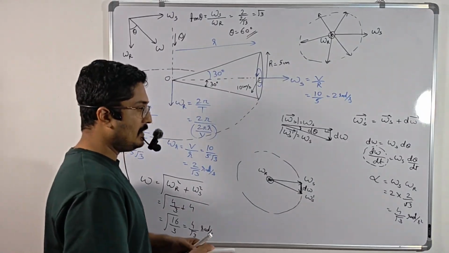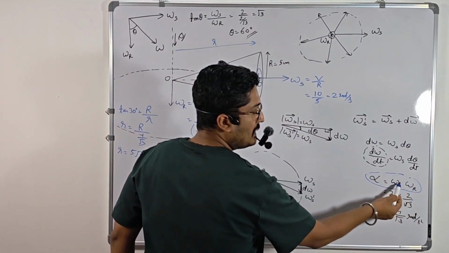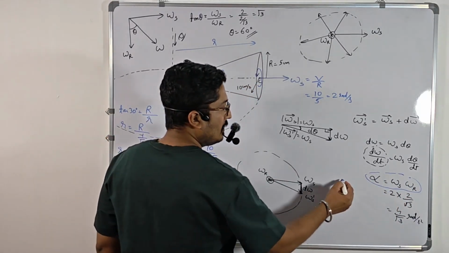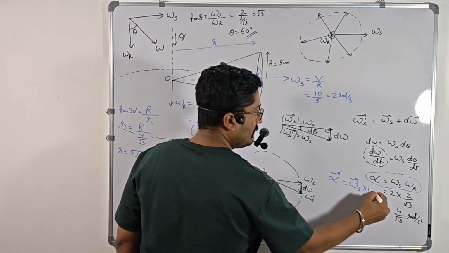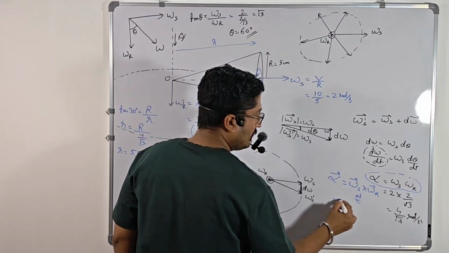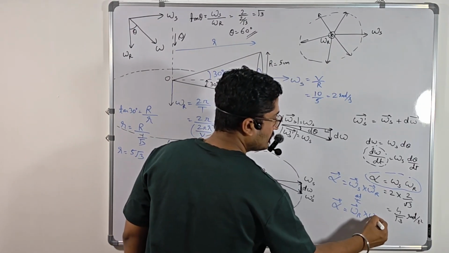Now I want my alpha's direction. So from this equation you can understand one basic thing, that by doing the multiplication of two vectors, I am getting again a vector. This only happens by cross product. Alpha is equal to omega s cross omega r, or it would be alpha vector is equal to omega r cross omega s.